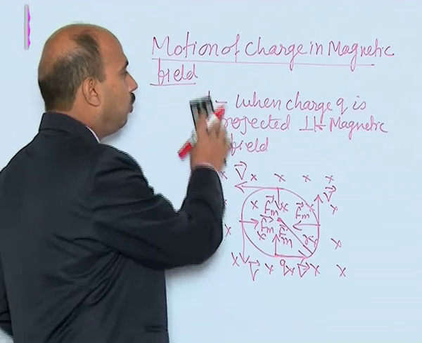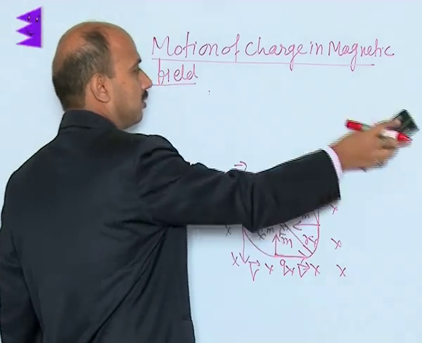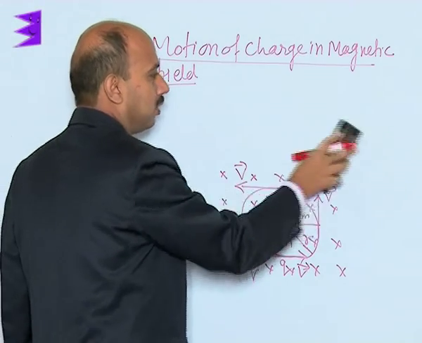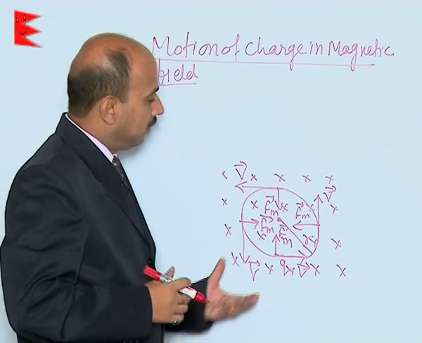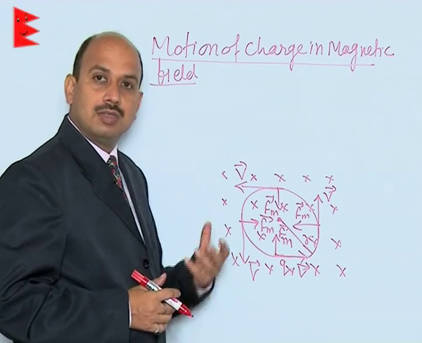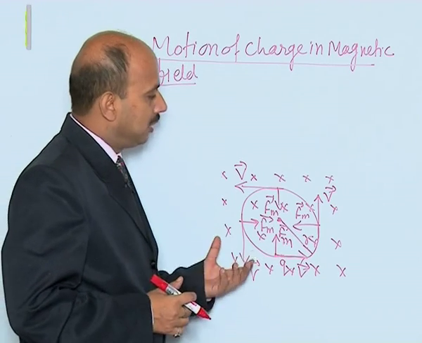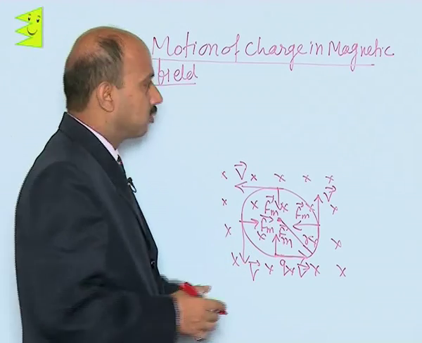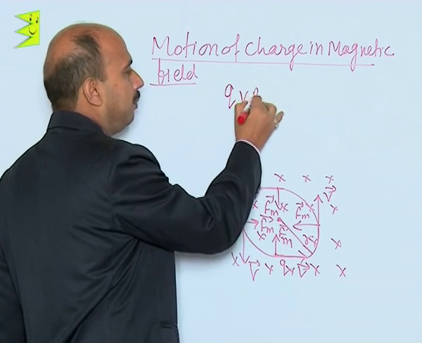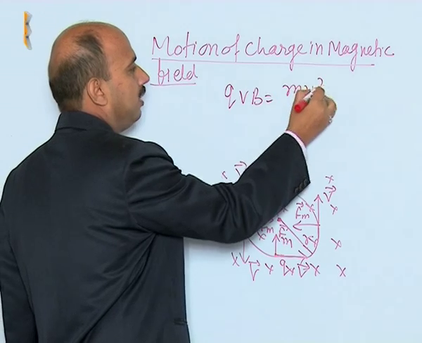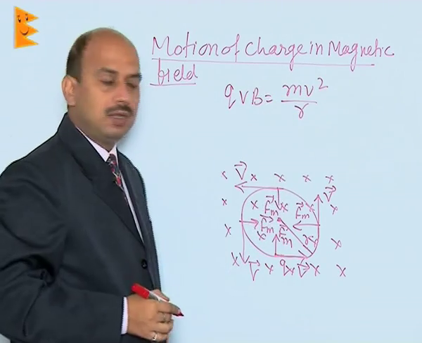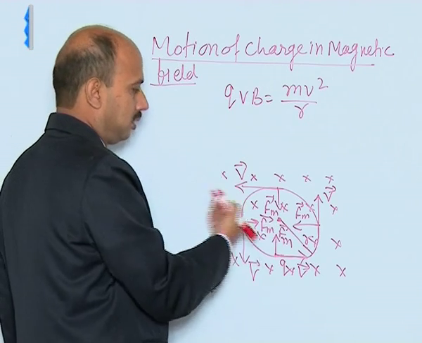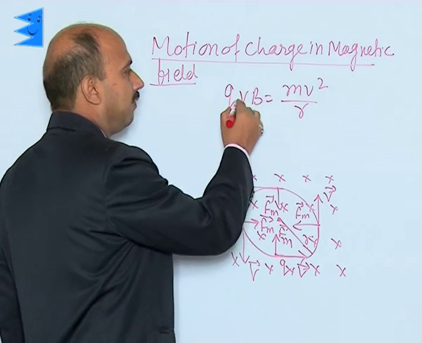So, let us see here how we calculate its radius. When the charged particle is moving in magnetic field, magnetic force and centripetal force are equal, because the centripetal force is provided by magnetic force. So, we can write simply qvB is equal to mv square upon r. r is the radius, m is the mass of the charged particle, q is the charge of the charged particle, and v is the velocity.